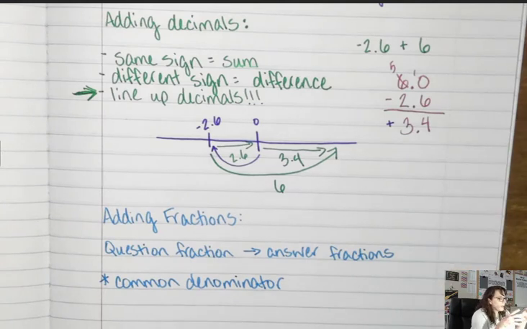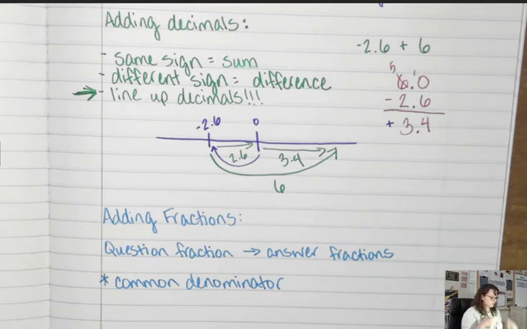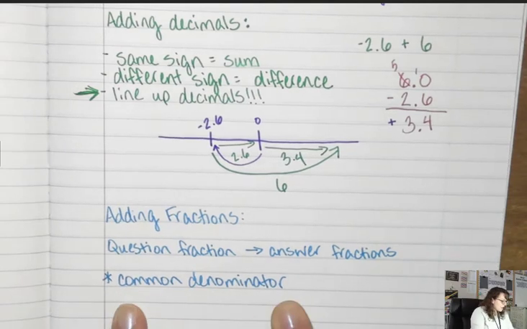If I have big puzzle pieces like from a little kindergartner puzzle, and then little puzzle pieces like from a 1,000-piece jigsaw, those two puzzle pieces don't go together. I need pieces that are the same size before I start adding and subtracting those pieces. I can't take big jumbo kindergarten puzzle pieces and put them with jigsaw pieces. That doesn't work. So, common denominators first.